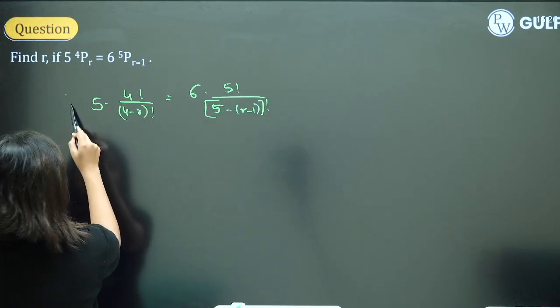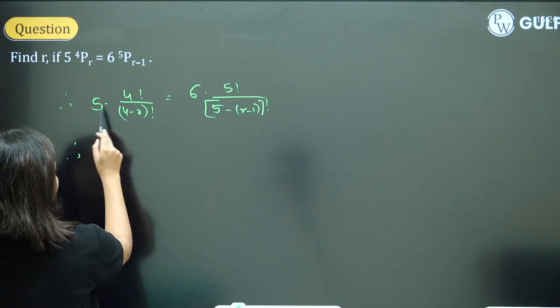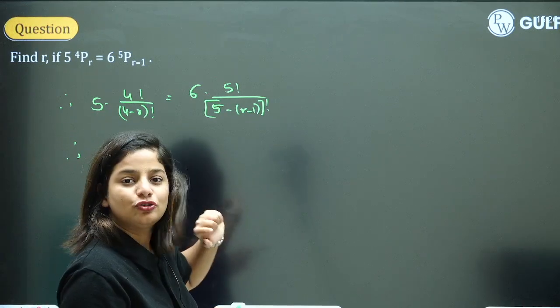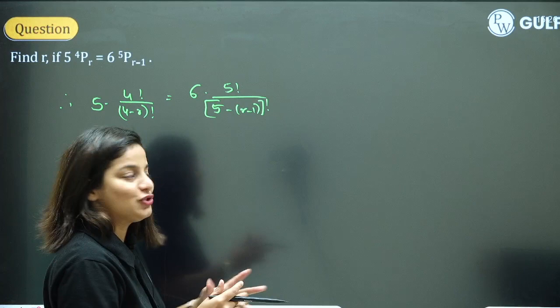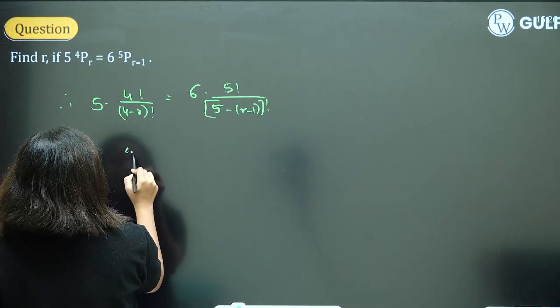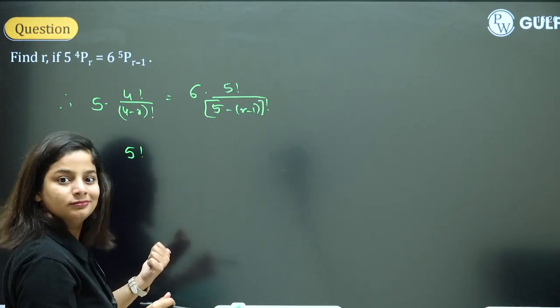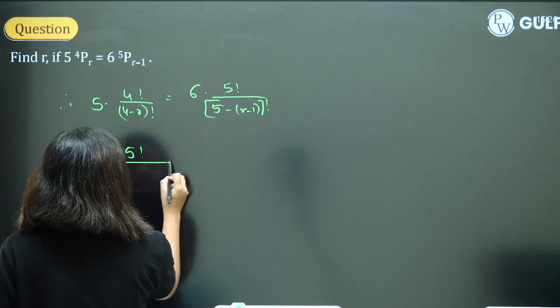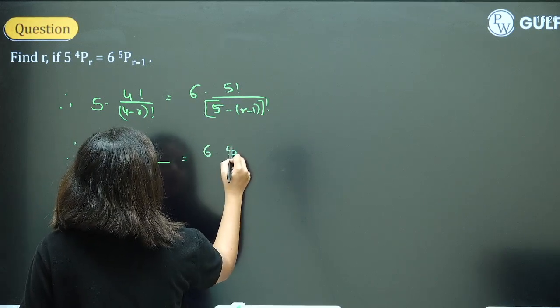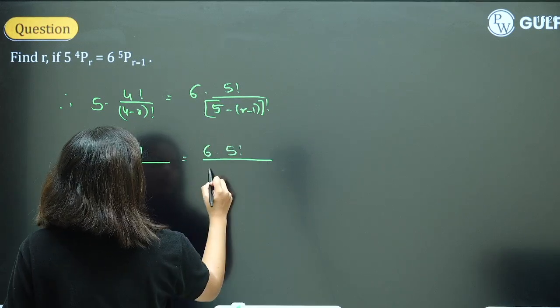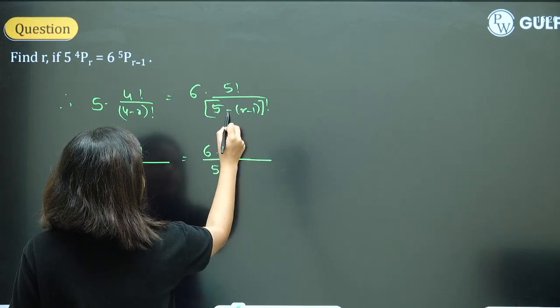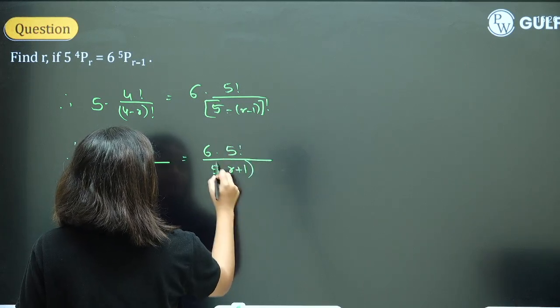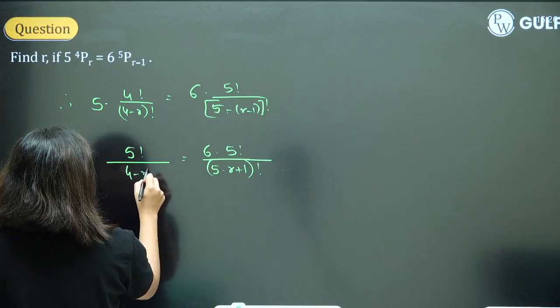Be careful with these brackets. Now, 5 into 4 factorial, can I write it as 5 factorial? Equal to 6 into 5 factorial divided by, let me open this, 5 minus r, minus of minus plus 1.